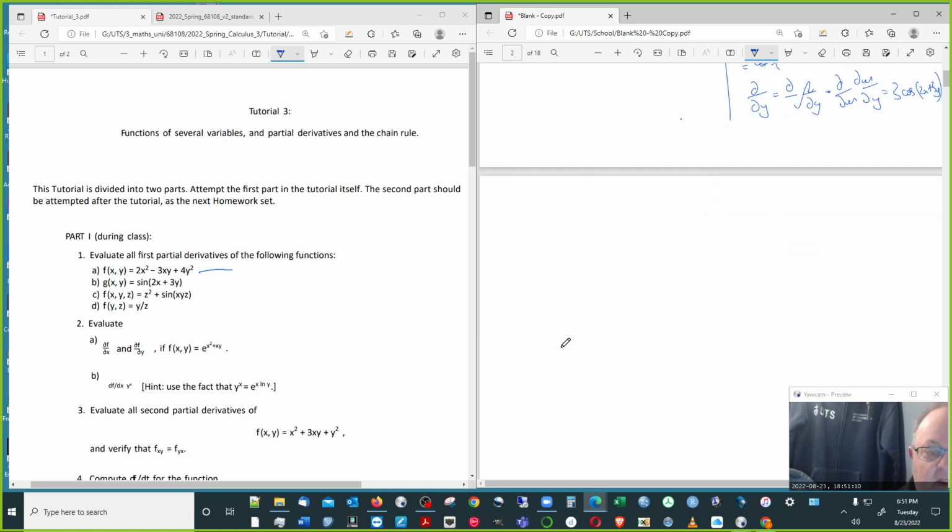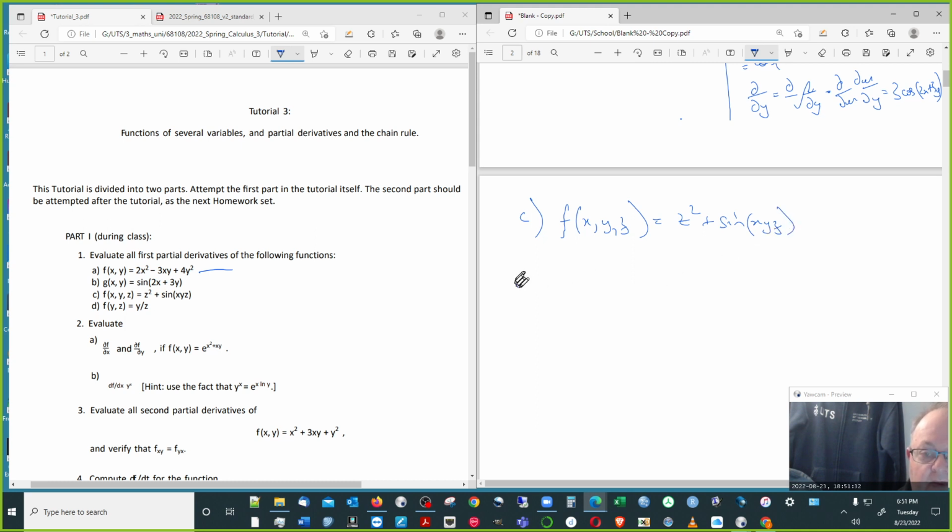Okay. So for C, it's a 3-value function, so what we've got is x, y, and z. And so we'll have to do 3 lots of that one like we just did.